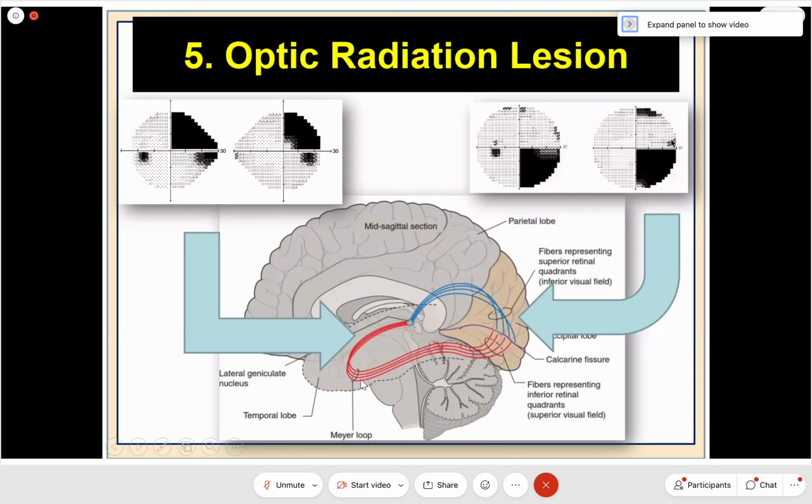So if the Meyer loop is affected, it consists of inferior fibers, so the patient can have pie in the sky, whereas if the superior fibers are affected, the patient may have pie on the floor.